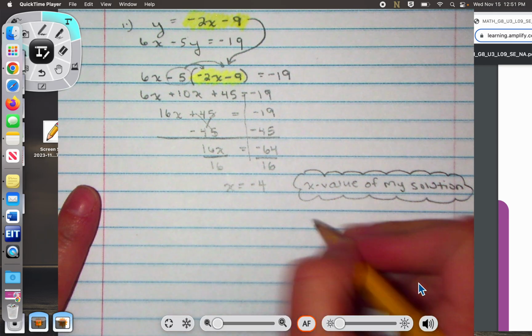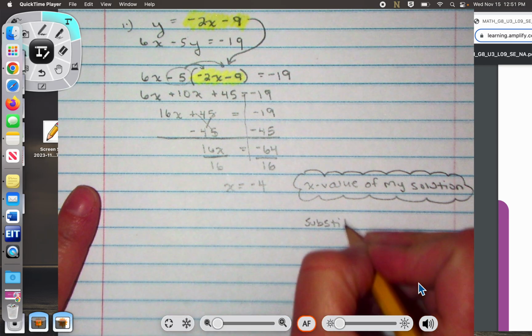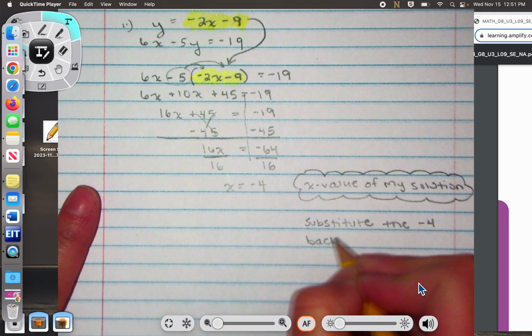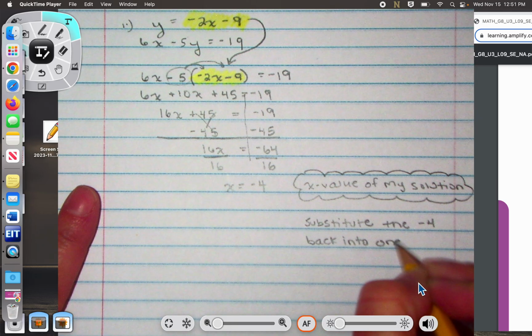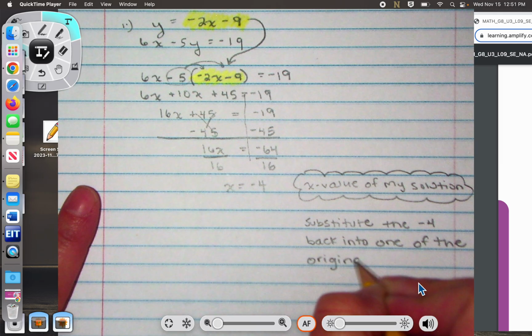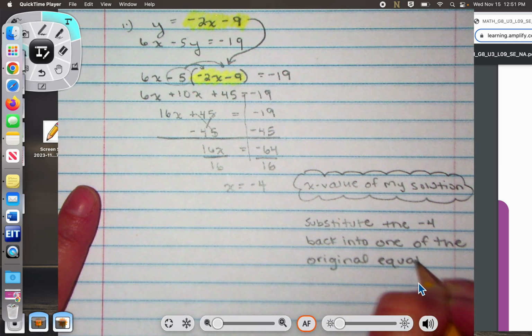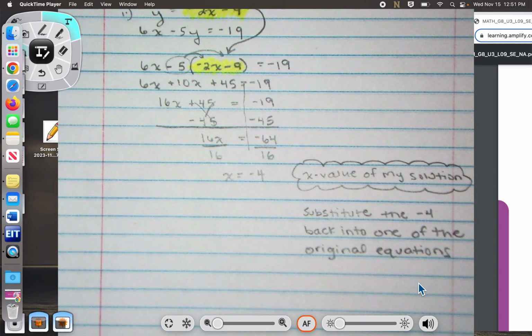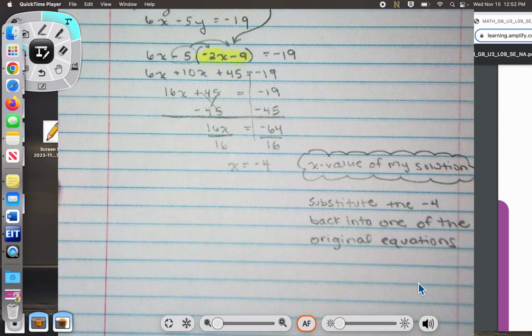So I'm going to substitute the negative 4 back into one of the original equations. And I think we can all agree with Cam that that first one's going to be easier if we just put that negative 4 in there.